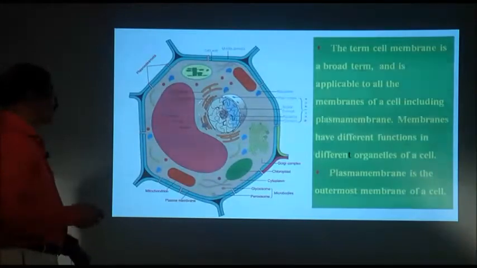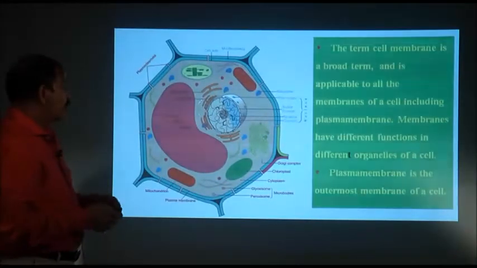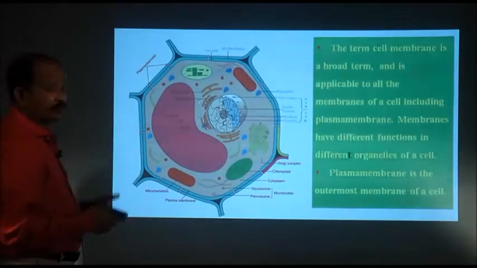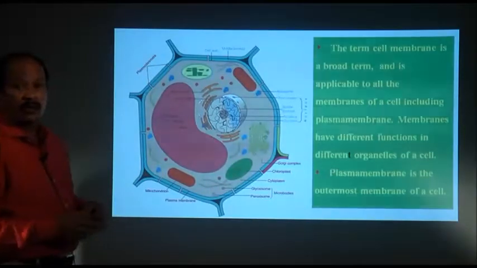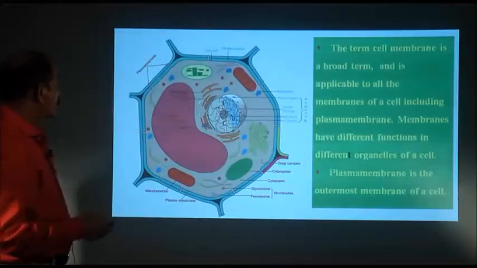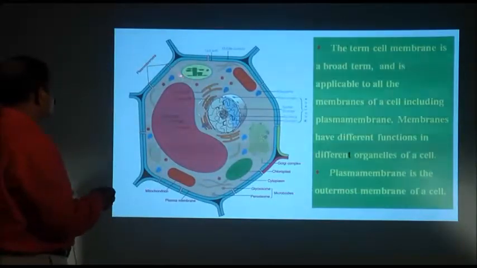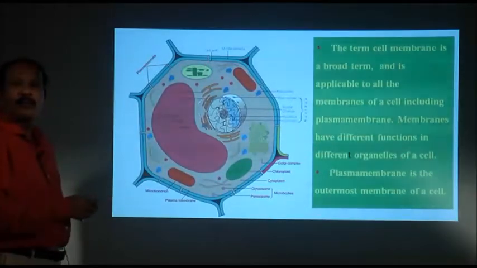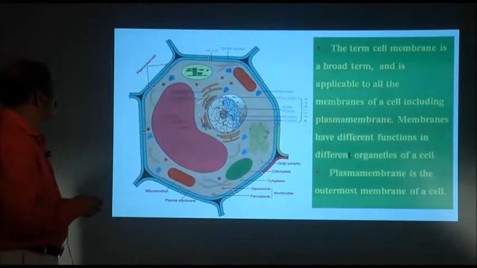Along with plasma membrane there are several other membranes. In a eukaryotic cell almost 13 different types of membranes are there, because here you can see this is the chloroplast. It has three membranes: outer membrane, inner membrane, and one important, the thylakoid membrane.